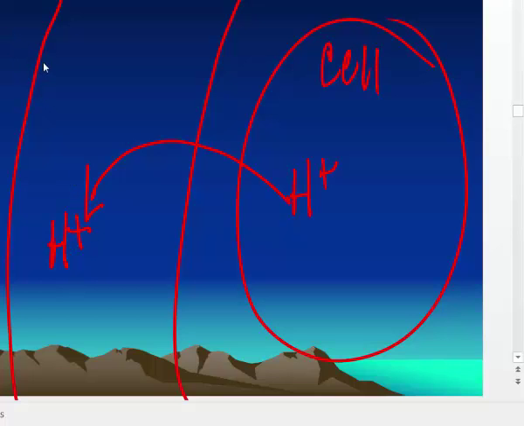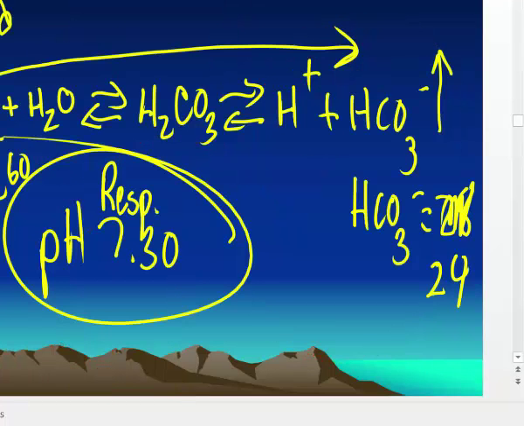What's circulating in the blood that could grab them and prevent them from being free-floating? And if they grab them and lock them up in carbonic acid, what's going to happen to the circulating level of free bicarbonate? It's going to go down. Tell me you got that. So watch. Let's go to the equation you love to hate.